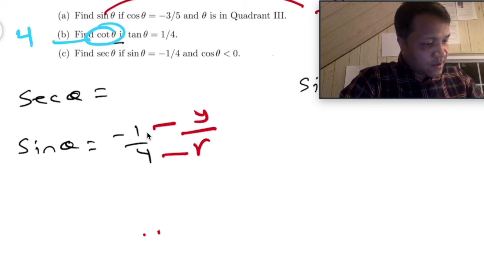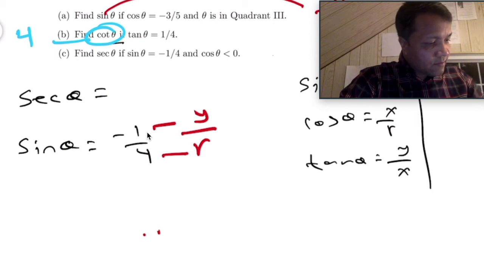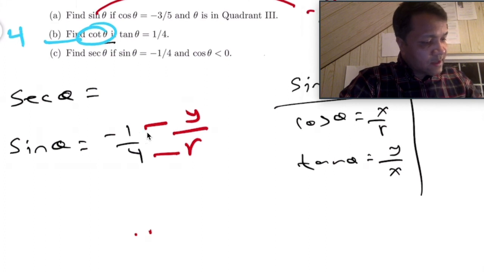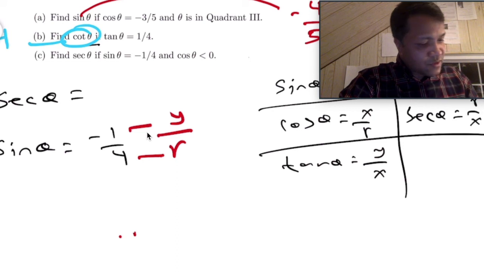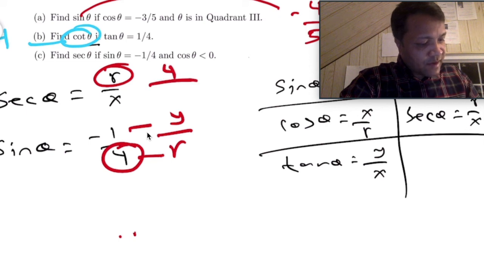Sine theta is equal to y over r. Cosine theta is x over r, and tangent theta is y over x, and cosecant theta is r over y. Secant theta is r over x. So we have the r. R is 4. But we have to have x. We don't have x.